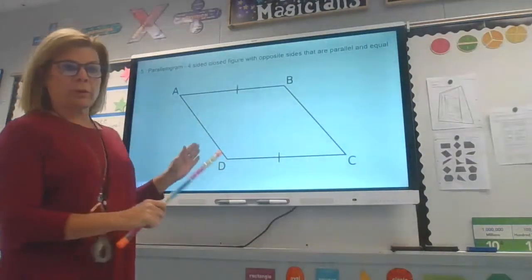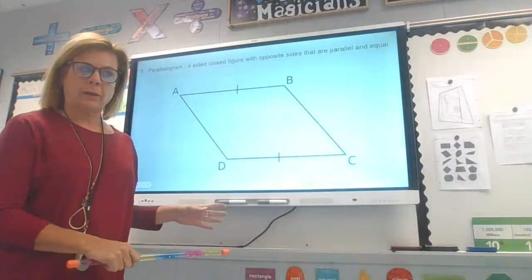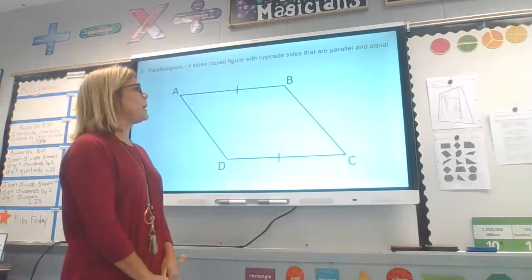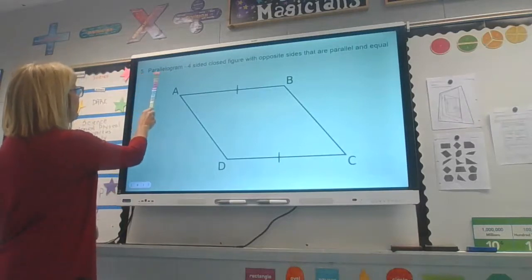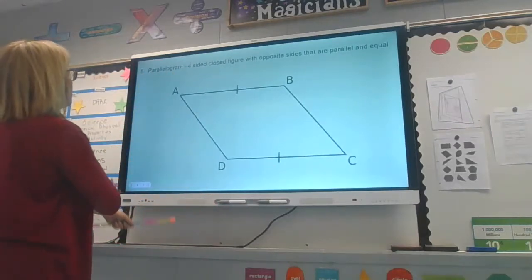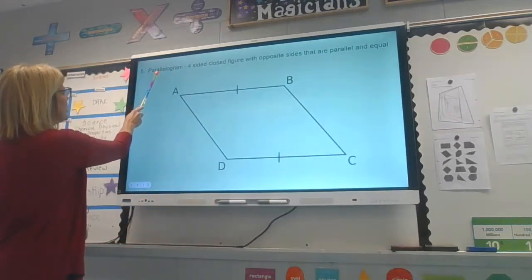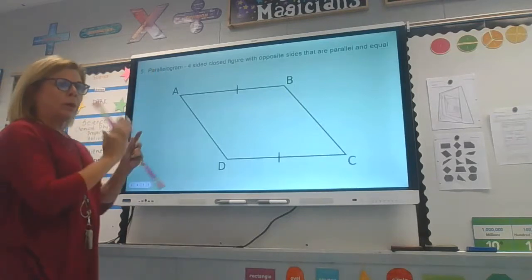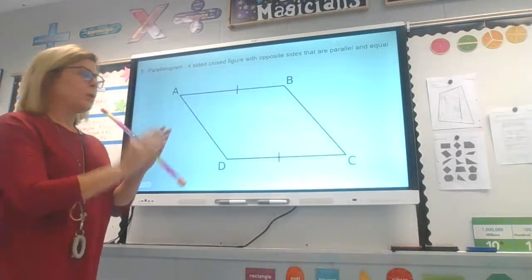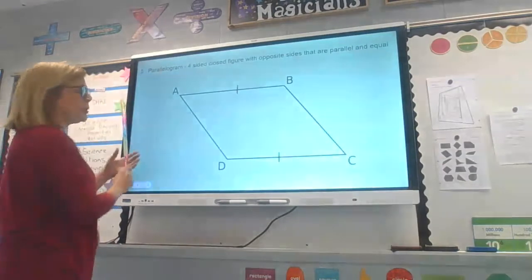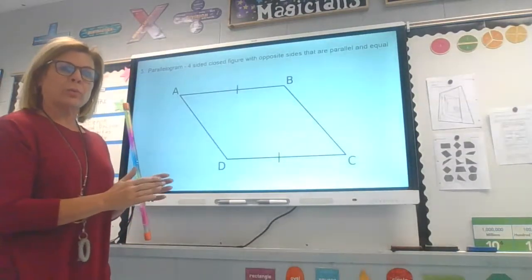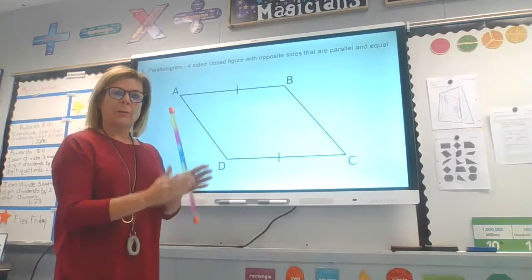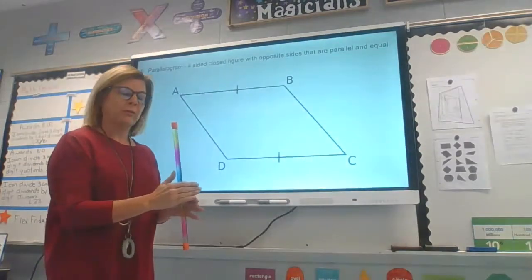In one short statement, we have a lot of information that we need to focus in on. So we have a parallelogram. I like to look at my L's in parallelogram. It lets me know that we're looking for lines. We look at the two L's and it looks like train tracks. It's showing me that our lines are going to run side by side, but those L's will never cross over.